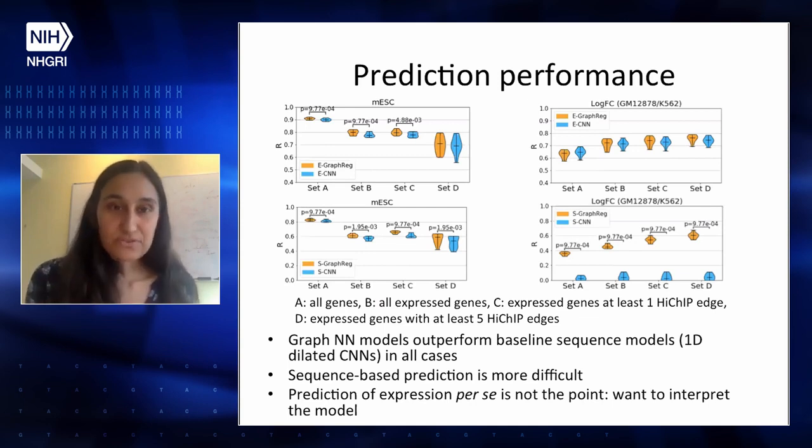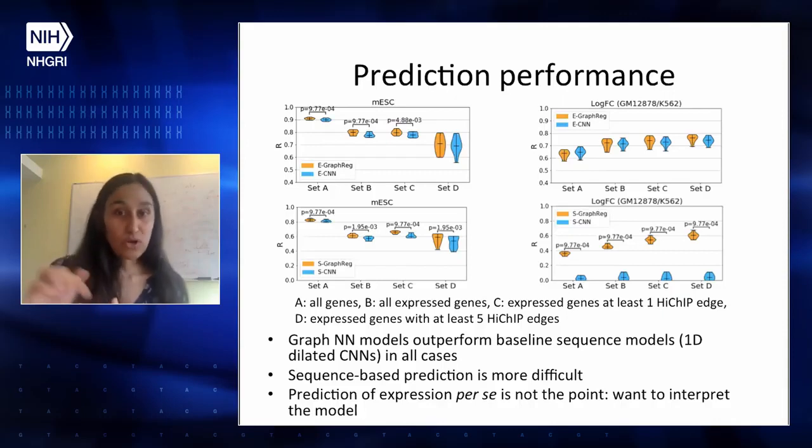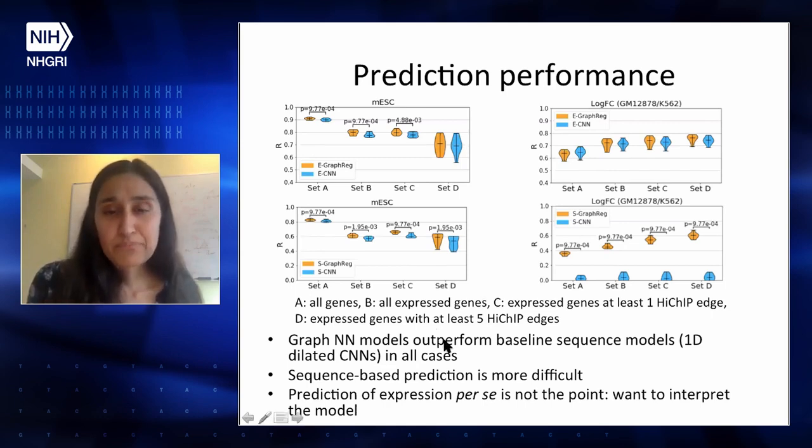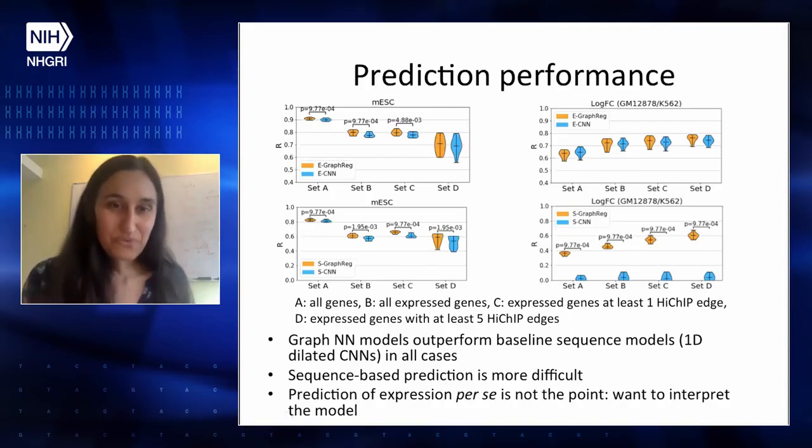The GraphReg models do better, and in particular they give higher accuracy for prediction of gene expression when you start restricting to genes that are expressed and genes that have more complex regulation, more high-C edges. However, unlike in a lot of machine learning, the prediction performance per se is not the point.